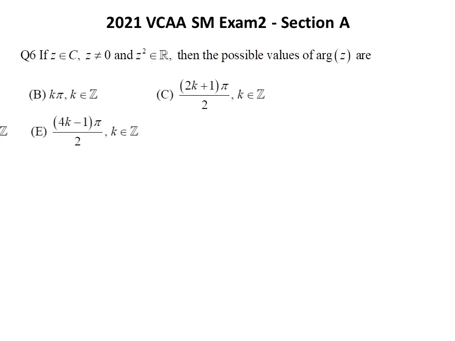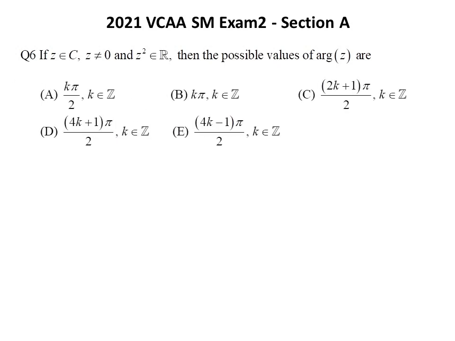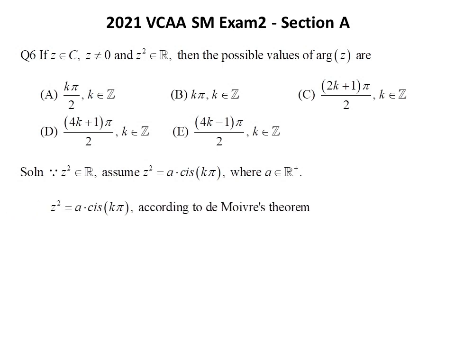As can be seen in question 6, z is a non-zero complex number, but z squared is a real number. The question here is to find the possible values of argument z from the following 5 expressions. Since z squared is a real number, it can be written as a times cis of k pi, where a is a positive real number.